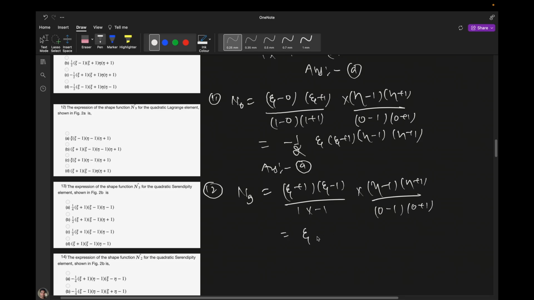So the answer will be xi minus 1, xi plus 1, eta minus 1 and eta plus 1. So what will be the correct answer? Correct answer will be B.